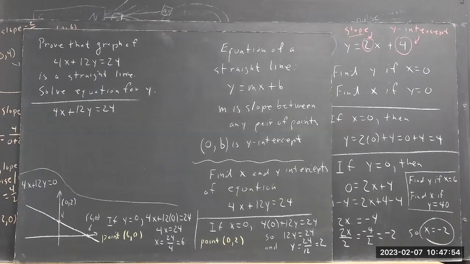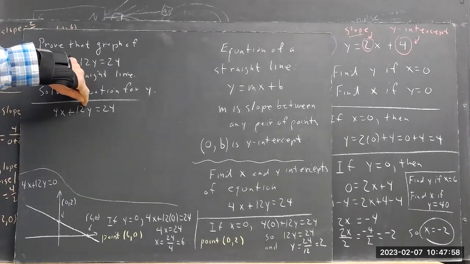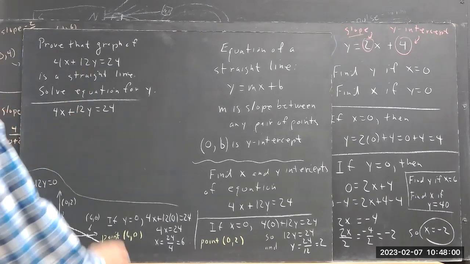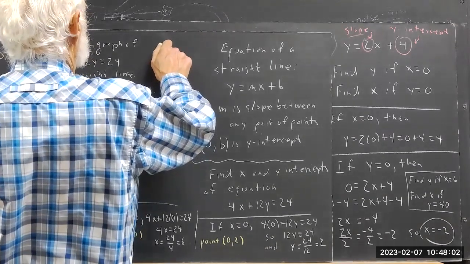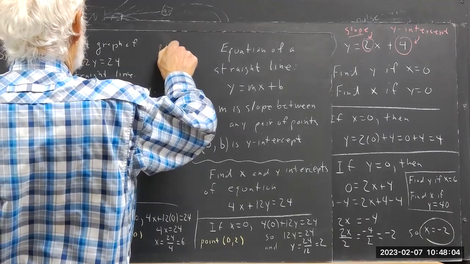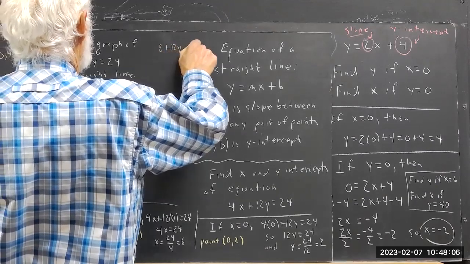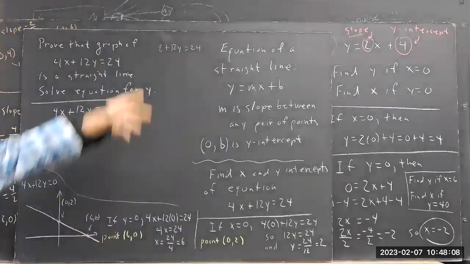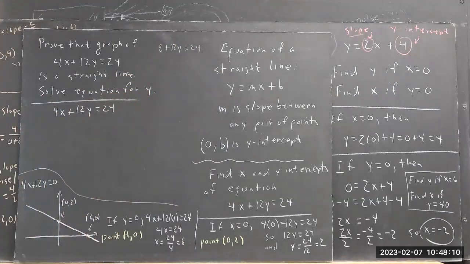Okay, now people are having trouble getting started in this for the most part. What we're trying to do is isolate y. Just off to the side here, let's say we had 8 plus 12y equals 24. What would we do to both sides to start solving this for y?